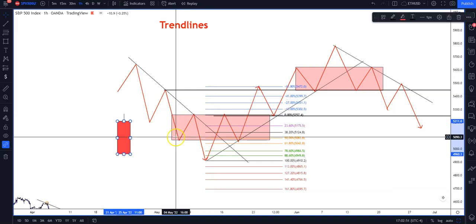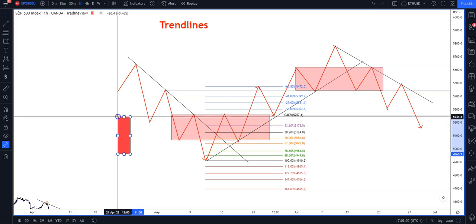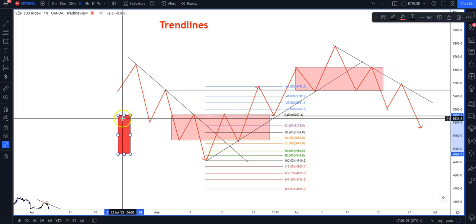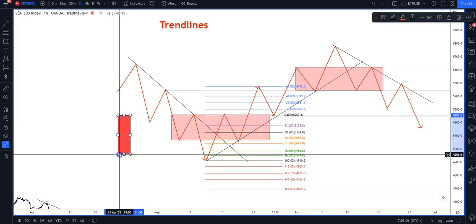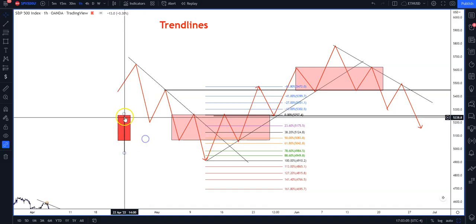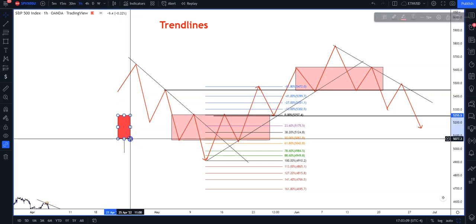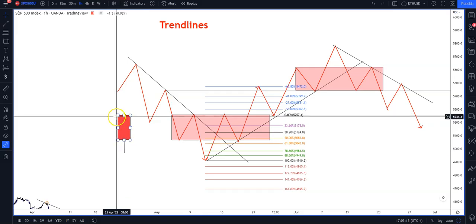So remember, this is a body, right? So this entire thing, it started out, and now it came back up, boom, just like this. As it came back up, it created a wick.